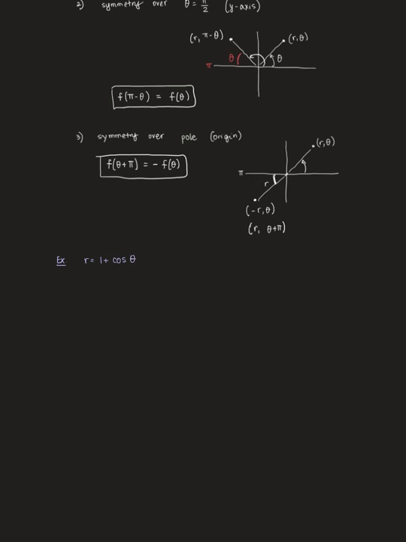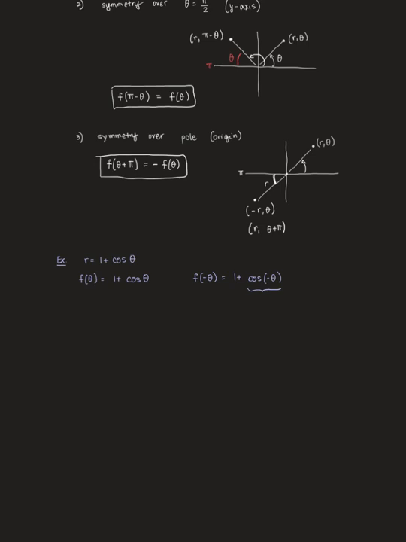So if I think of this as f of theta is 1 plus cosine theta, I'm going to see what happens when we put in f of negative theta. Well, that gives us 1 plus cosine of negative theta. Now remember, cosine is an even function. That means it's symmetric over the y-axis.